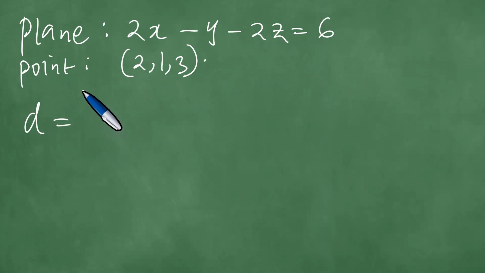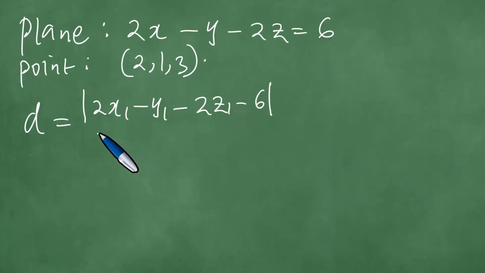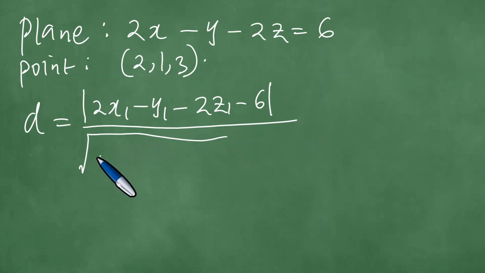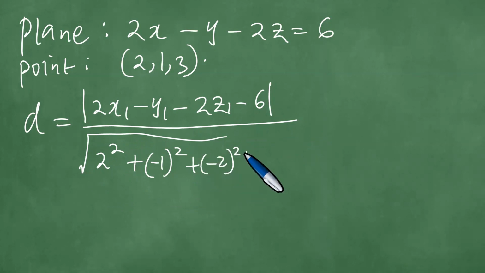So in the end, the formula is going to be 2x1 minus y1 minus 2z1 minus 6, divided by the square root of 2 squared plus minus 1 squared plus minus 2 squared. Just squaring the coefficients in the denominator. And here the 6 was transposed to the other side. And then now it remains to substitute the coordinates of this point.